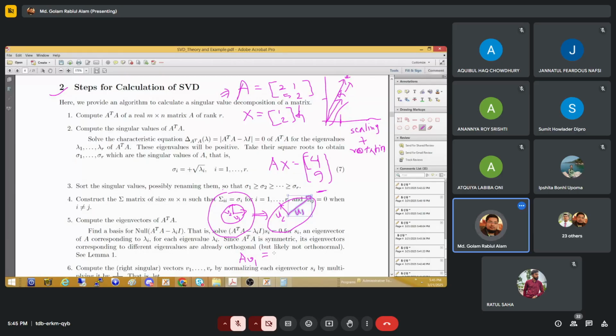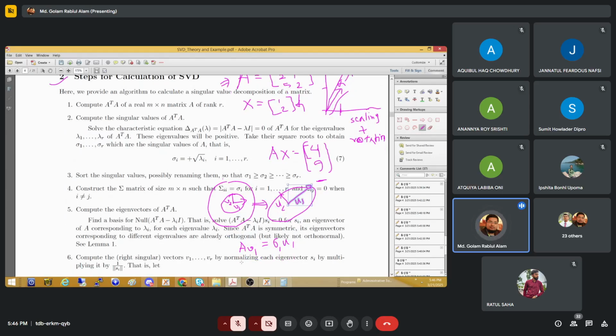Let's say the scaling factor here is sigma 1, and we get u1. So we get A v1 equals sigma 1 u1. Similarly for v2 we can write A v2 equals sigma 2 u2.